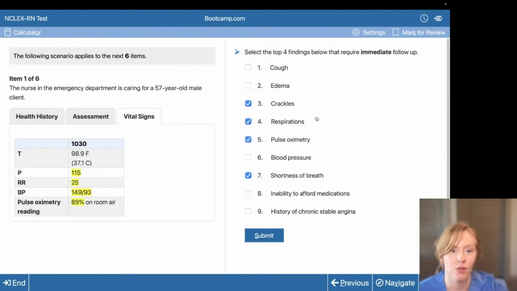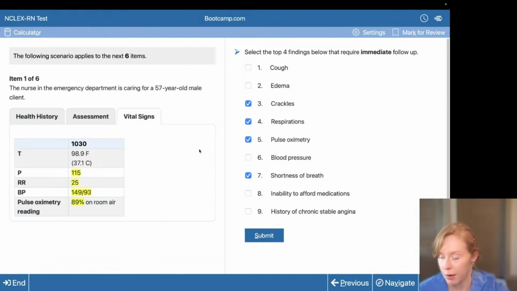So yes, together these 4 findings tell us that we have got a priority respiratory problem. So he's short of breath. When we investigate further, we find he's breathing fast to compensate for a low pulse ox. And that's probably because at the level of the alveoli, there's something there that's creating crackles. So I agree with these top 4, but let's consider the others.